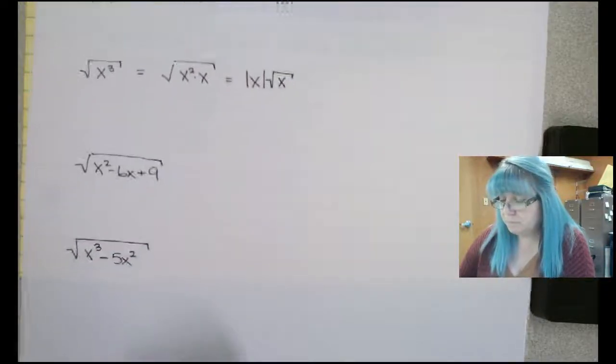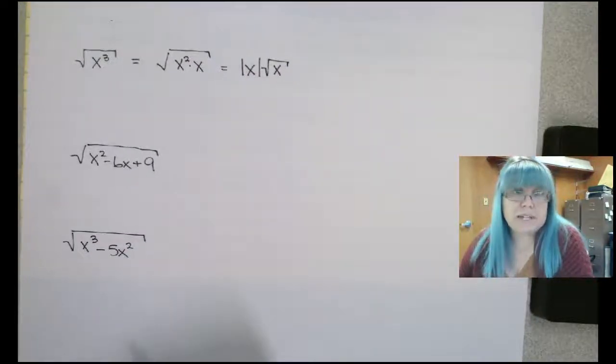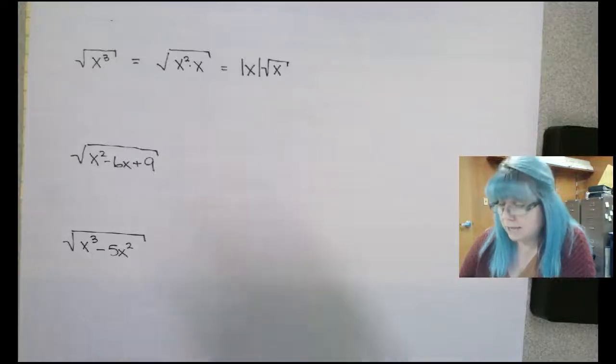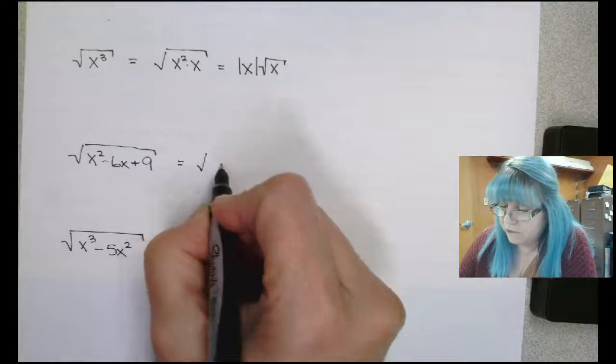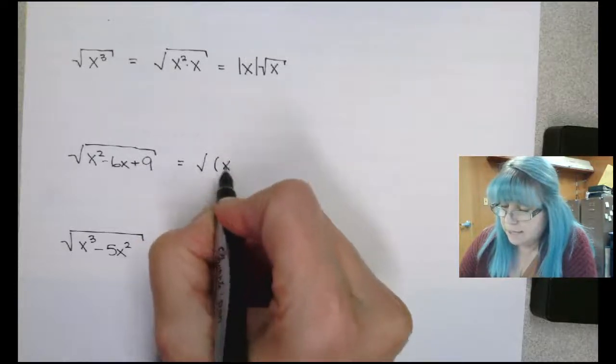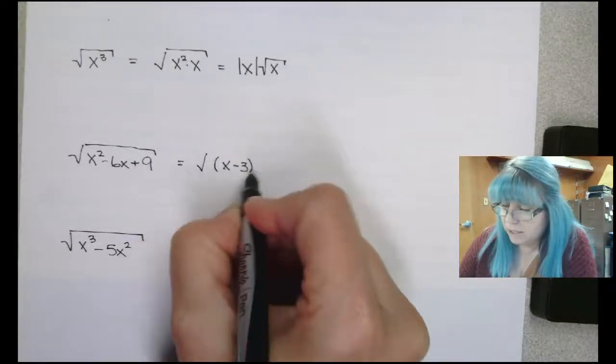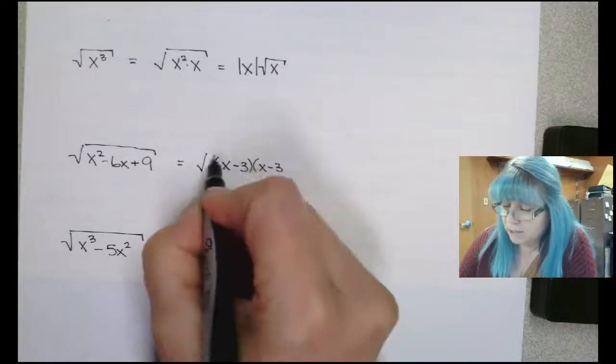Okay. The square root of x squared minus 6x plus 9. It doesn't look like we can do much here yet, but let's factor. That's going to be x minus 3 times x minus 3.